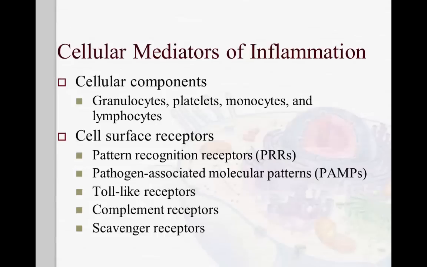Now, in addition, we have several mediators of inflammation, and those are the cellular components, granulocytes and agranulocytes. The granulocytes, we have the neutrophils, eosinophils, basophils. In addition, we have other cells that are agranulocytes, including your macrophages and lymphocytes or monocytes. We have the platelets as well.